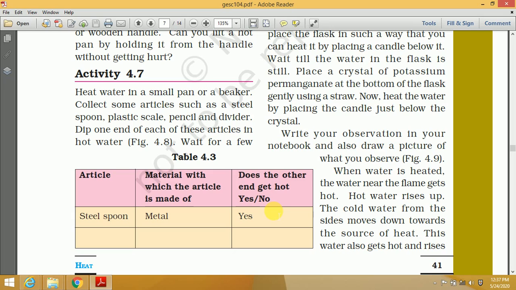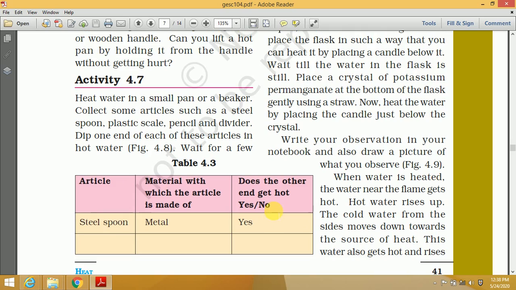If yes, it means the other end is getting heated up because of the process of conduction, means heat is easily getting transferred in that material. But if the other end is not getting heated up, it means the conduction in that material is not taking place.